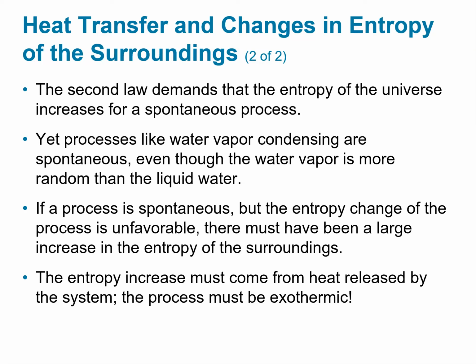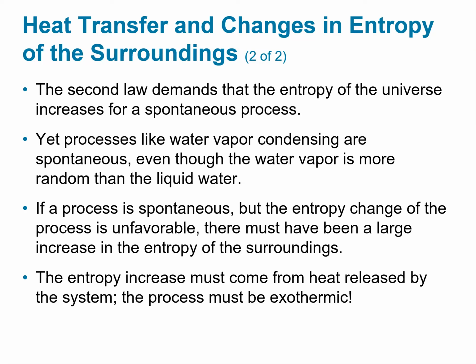To summarize, the second law of thermodynamics demands that entropy of the universe increases for spontaneous processes, but processes like water vapor condensing are spontaneous, even though water vapor is more random than liquid water. Caveat being under specific temperatures.